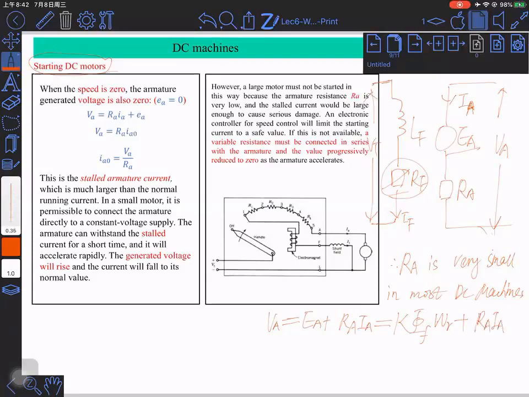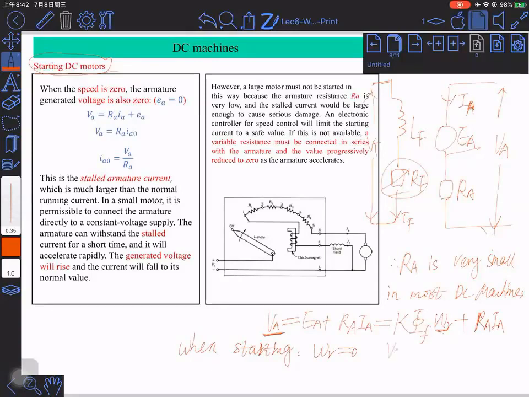And we know that when you start a machine, what happens? Omega R equals 0. And if omega R is 0, the entire terminal voltage VA, which is quite large in most applications because it needs to support the speed, but unfortunately, at the beginning, the speed is 0.